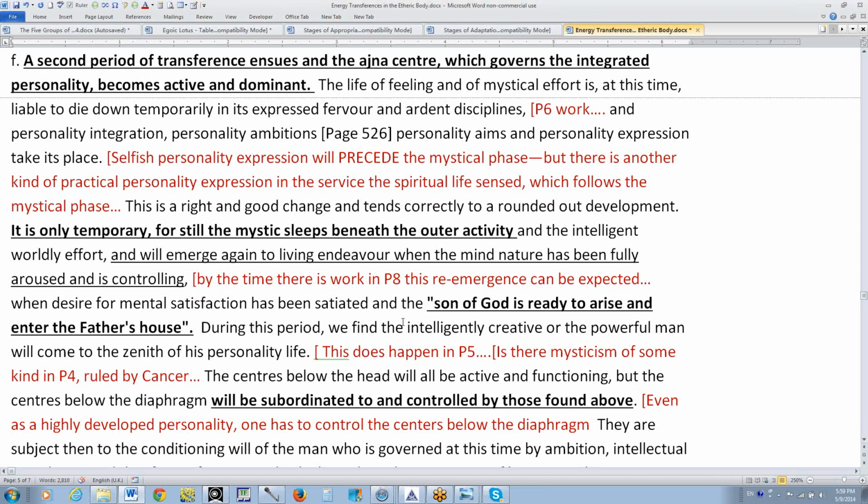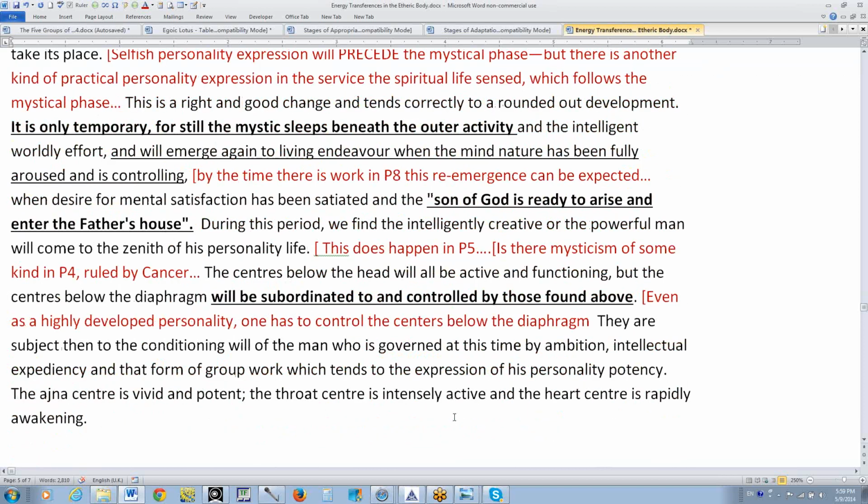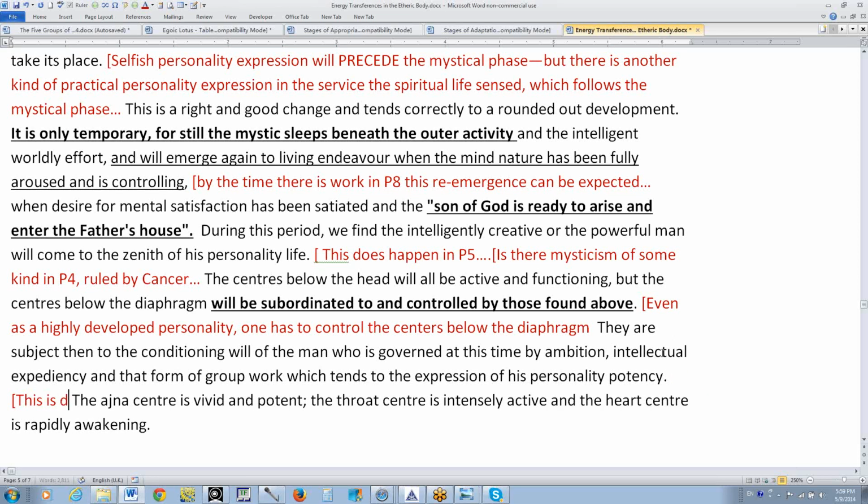These lower centers are subject to the conditioning will of the man who is governed at this time by ambition, intellectual expediency, and that form of group work which tends to the expression of personality potency. Well, as he's describing it here, this is doubtless the fifth petal.